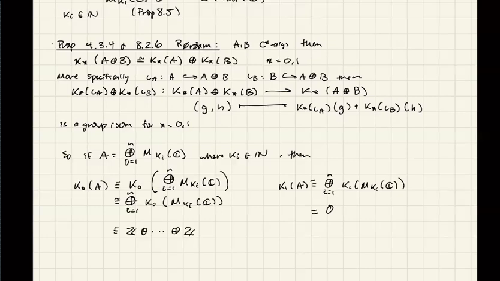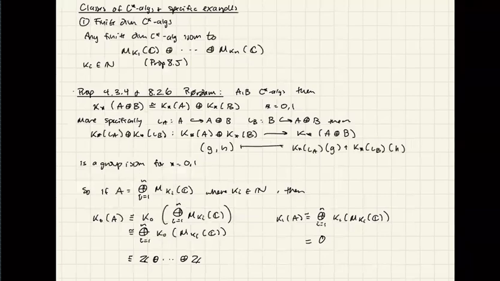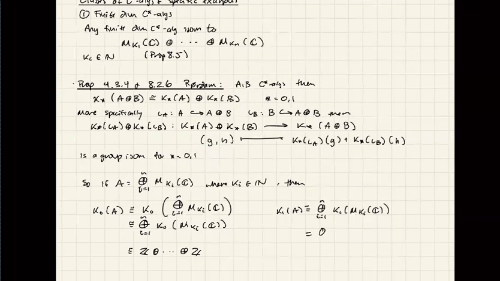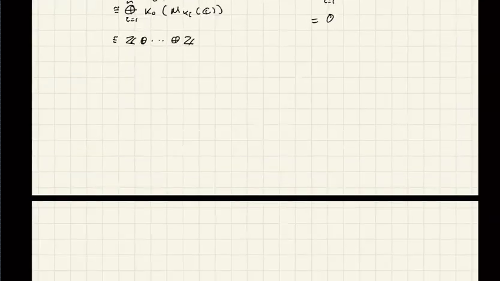Okay. So the nice thing here is that for finite dimensional C-star algebras, we know the K-theory of these. It doesn't matter what specifically the C-star algebra is, we know its K-theory. So let's do one bump up and think about C-star algebras that are comprised of finite dimensional C-star algebras.